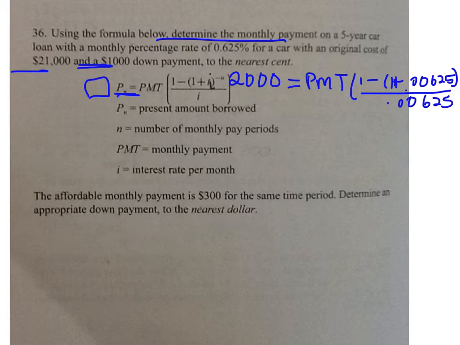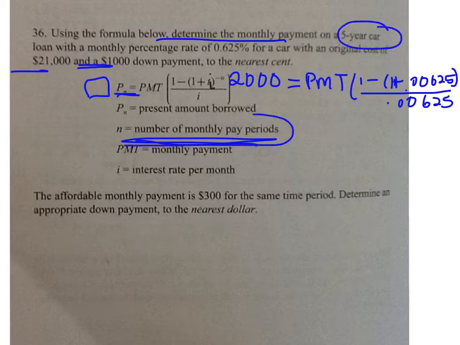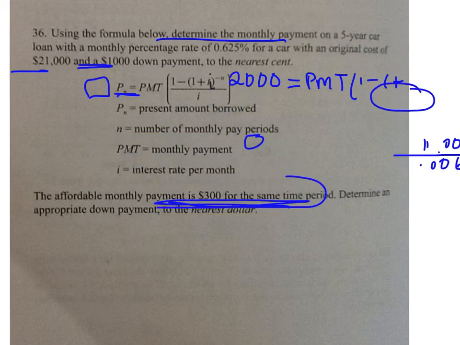That's your I. Now, N is your monthly payments, your monthly payment period. So this is 5 years, but you're paying every month. So 5 years is 60 months, and it's negative N. So this is going to be raised to the negative 60. So I just have to move this over.